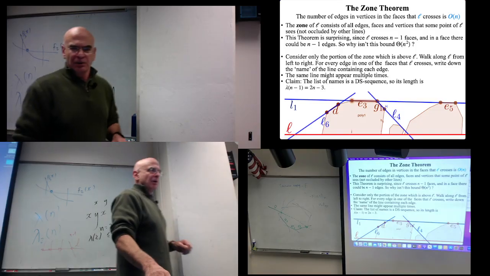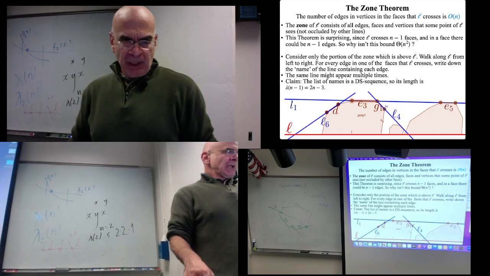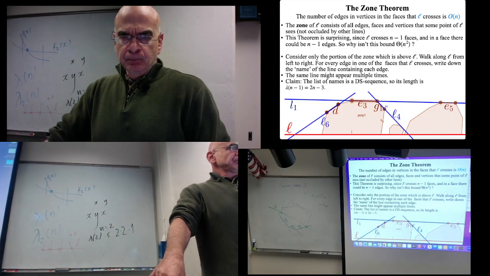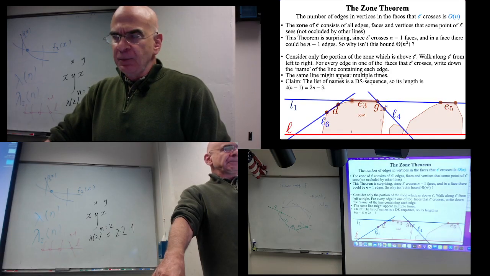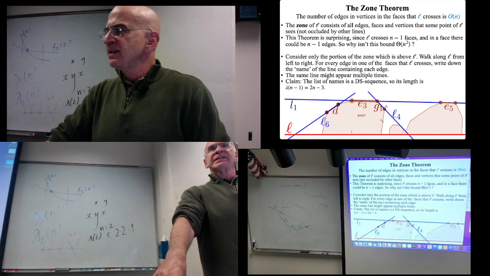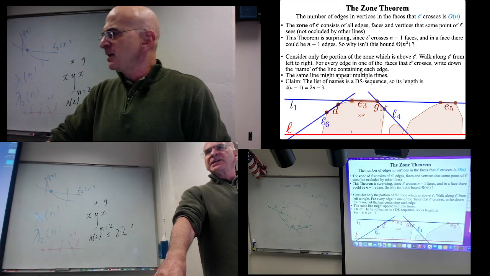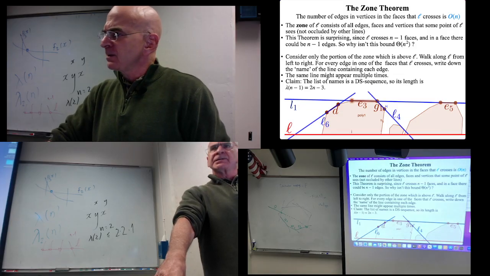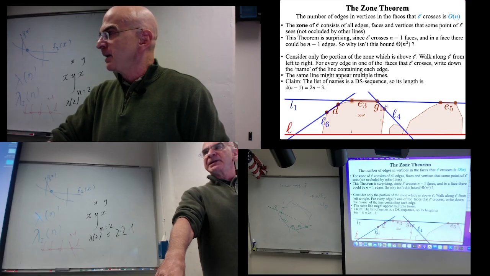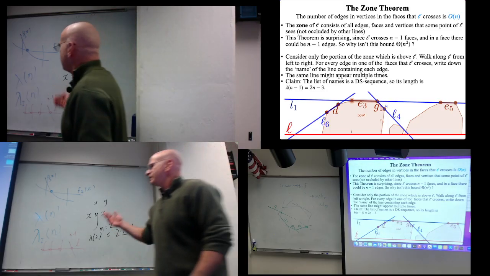It's also known as the Dutch book. So I'm going to give a different proof of the zone theorem, but this whole chapter appears there. The chapter about the zone theorem, its application, and building the arrangement appears there if you're losing me.